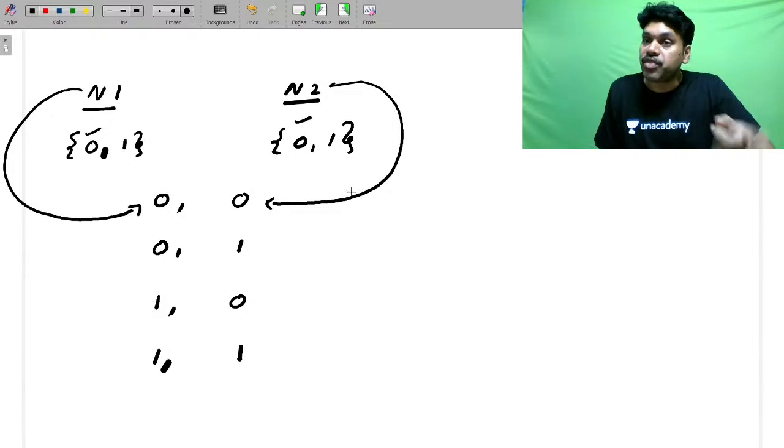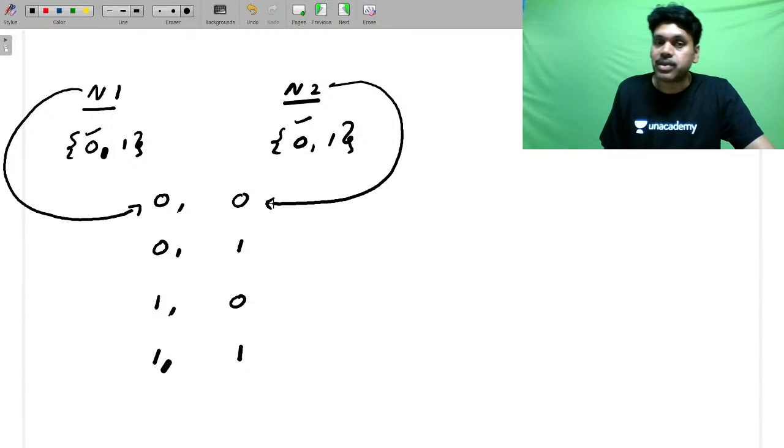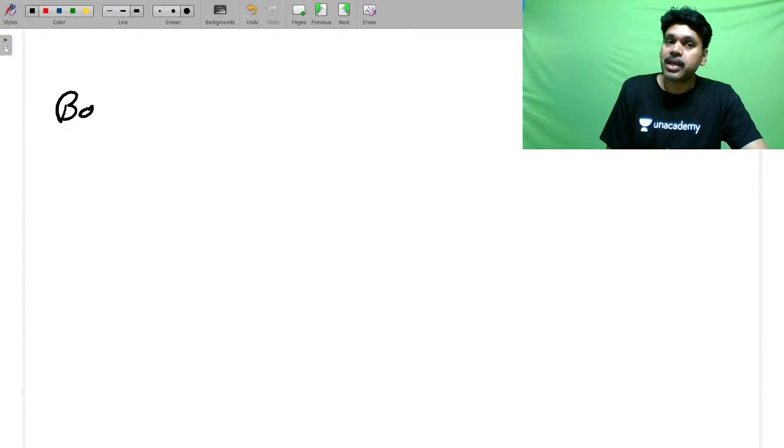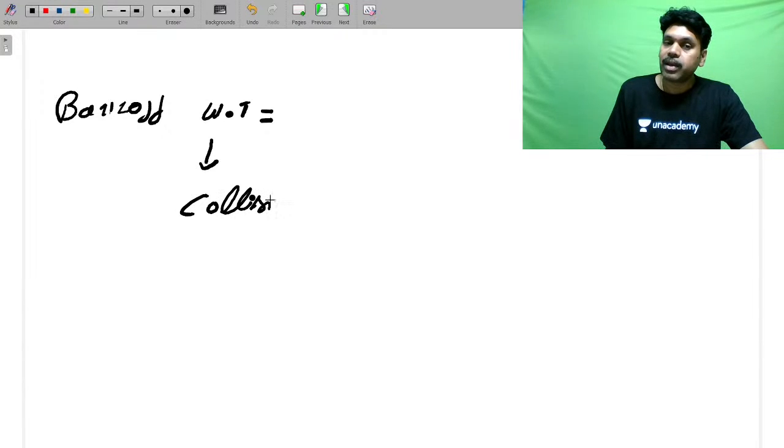Both of them have waiting time 0 only, because your Backoff waiting time is a small equation. What is that? Your collision slot number. You need to decide which collision slot you want.